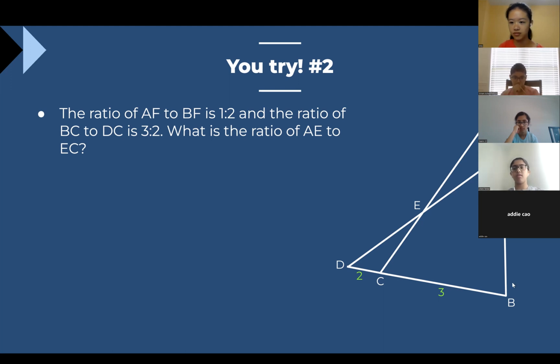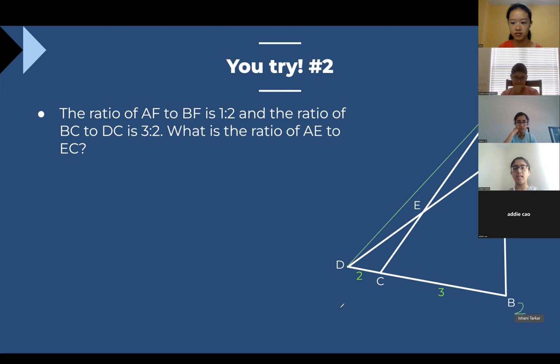Okay, so I am seeing some mixed answers. Some of you are saying 5 to 2, some of you are saying 5 to 4. So first let's draw this line just so we can see that it's a triangle. And then let's assign a value to B. Let's say B has a mass of 2.